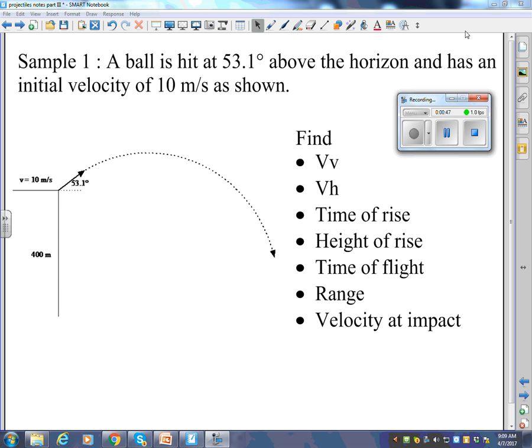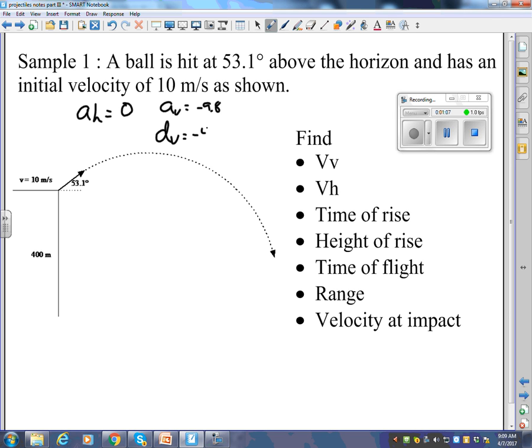And so let's just think about what do we know at the start. As always, horizontal acceleration is 0. Vertical acceleration is minus 9.8, right? Vertical displacement would be minus 400. Do we know horizontal displacement, dh?